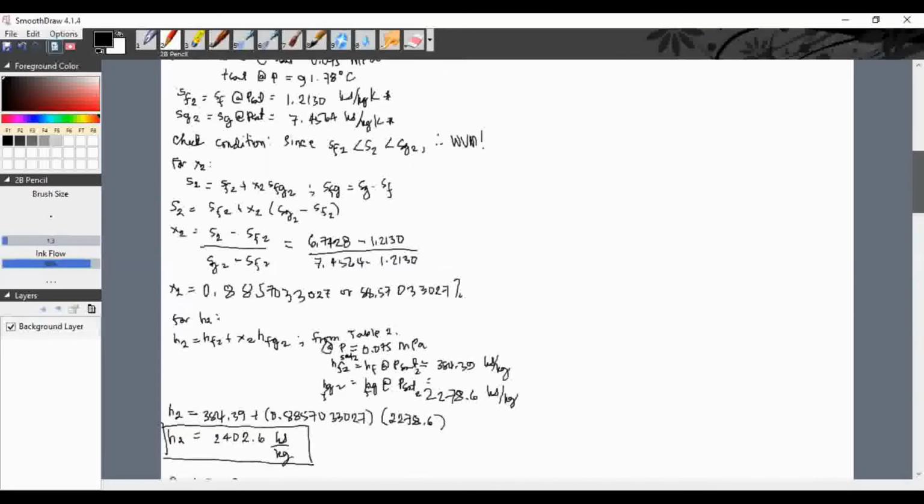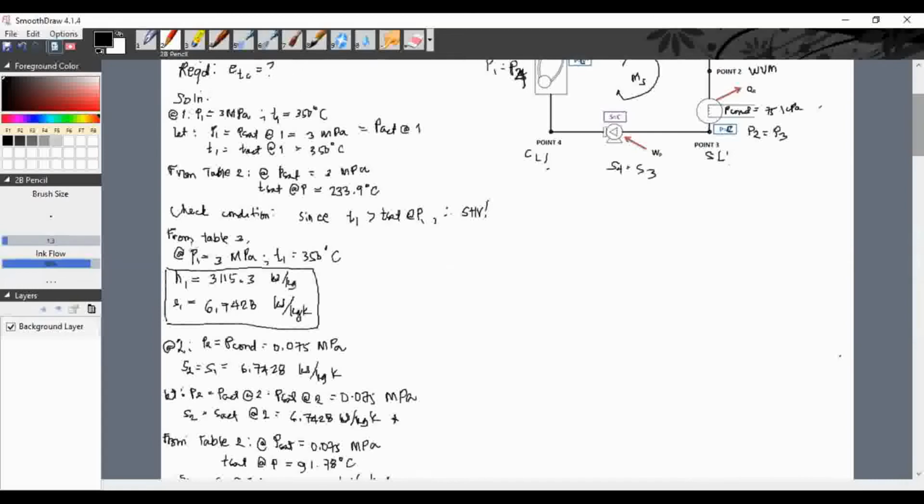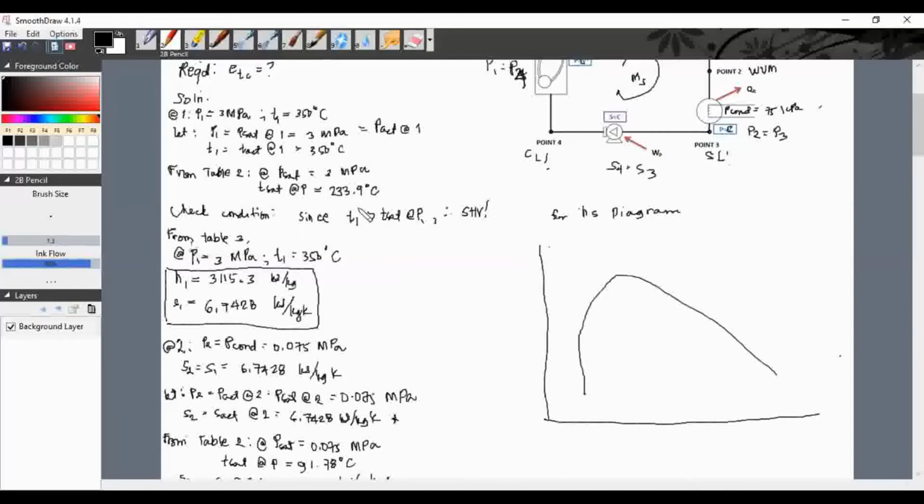So, try nating i-drawing sa TS diagram yung mga values, TS and HS diagram. So, dito na lang. So, for the HS or Mollier diagram, of course, hindi ito accurate. So, HS, okay? So, meron akong pressure line. Let's say, ito yung mataas sa pressure. P1, which is equal to P4.